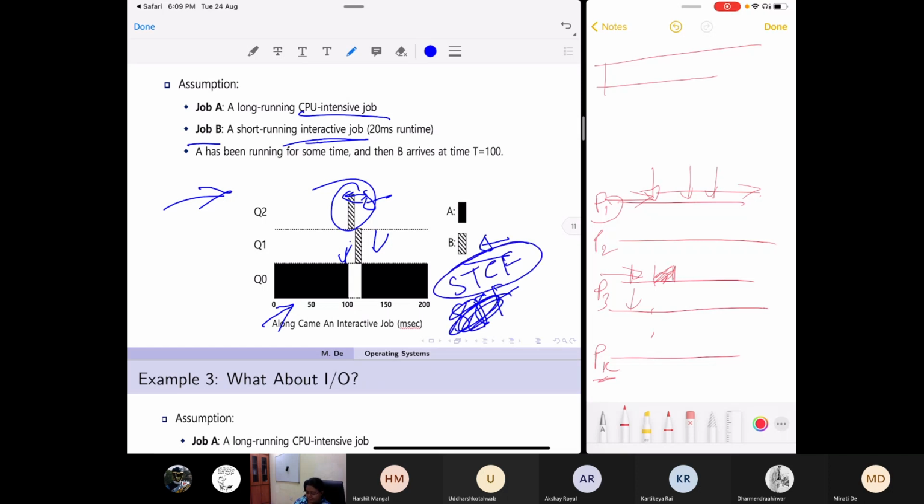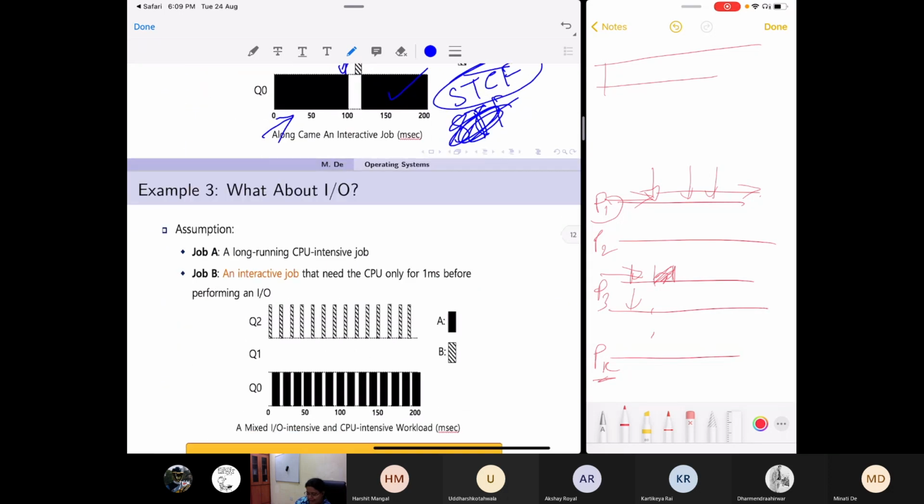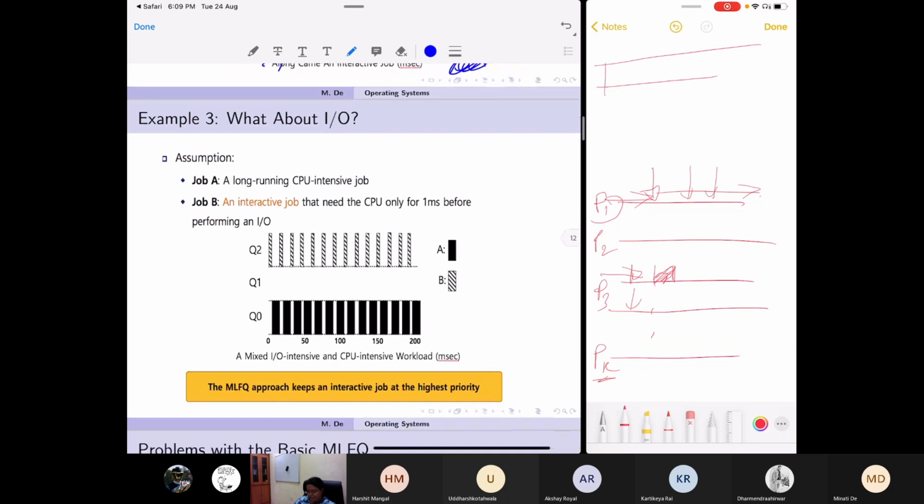It is exactly the same as shortest job first. This is the moment when the smaller job came, so it got prioritized, it got executed fully, then the bigger job got the chance. Now if you have IO in the picture, then the picture would look like this.